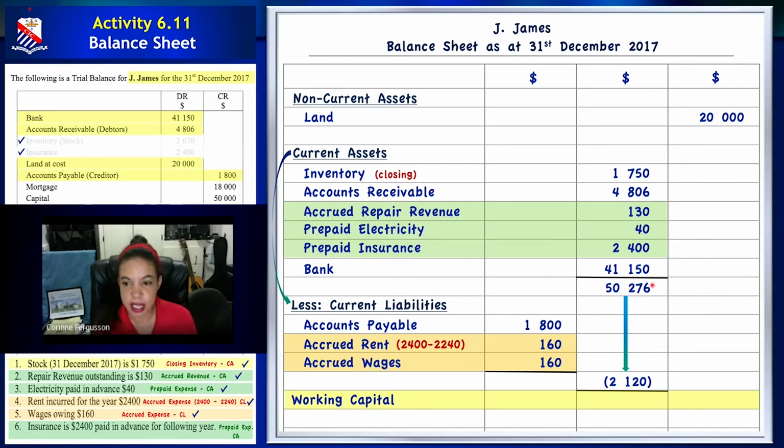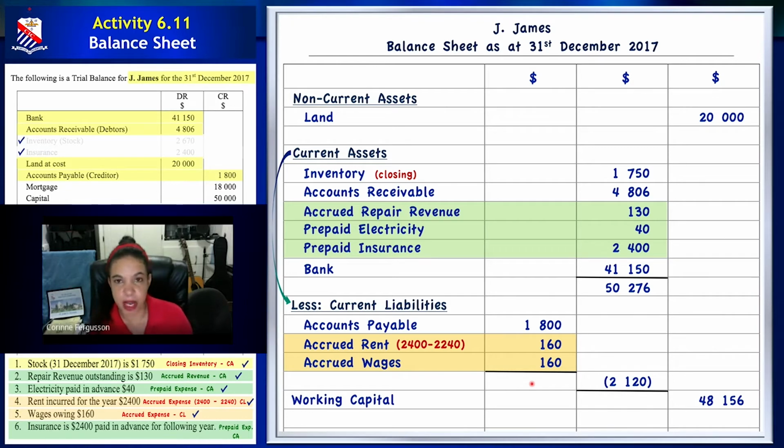So it will be your current assets of 50,276 less your current liabilities of 2,120, and that gives you your working capital, which gets to go in this column, the last column, and your working capital is 48,156, and it's a positive figure.